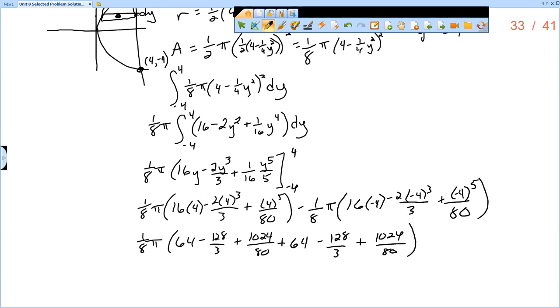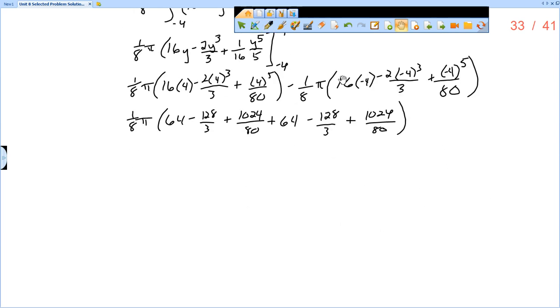Now we simplify. 64 plus 64 is 128, minus 128 thirds minus another 128 thirds is 256 thirds, and 1024 plus 1024 is 2048 eightieths.